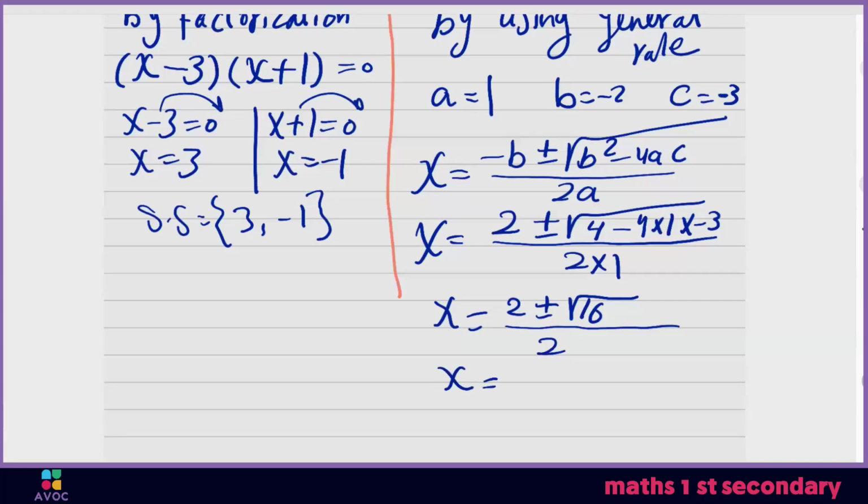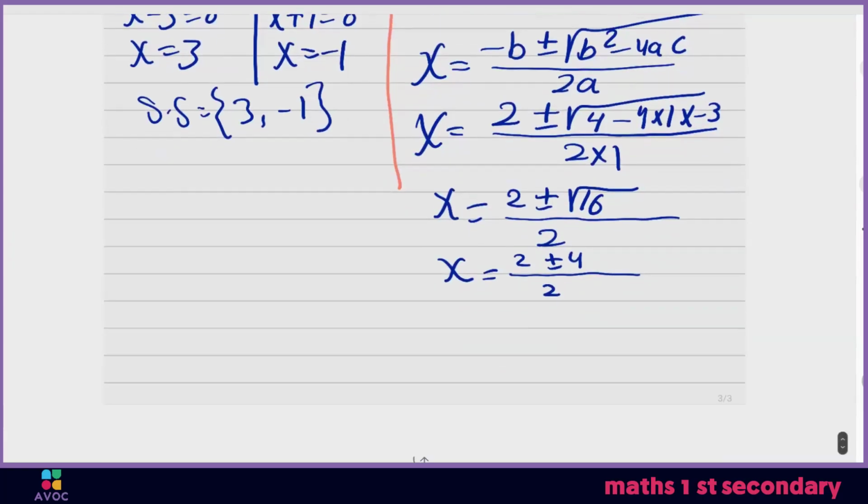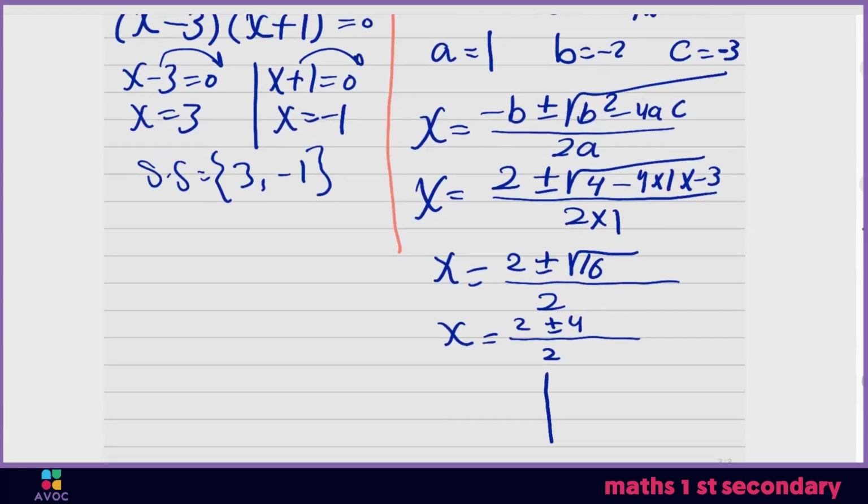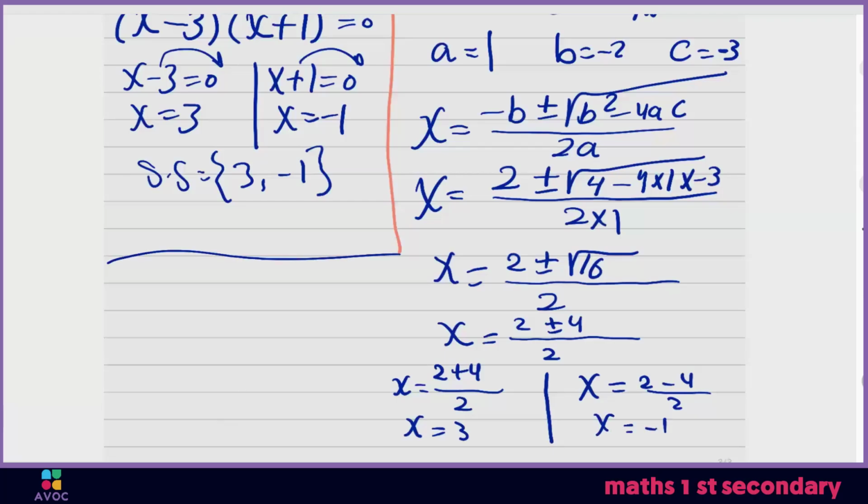So x equals 2 plus or minus 4 over 2. So I have now two solutions. We use once plus and once minus. Here x equals 2 plus 4 over 2 and here 2 minus 4 over 2. So x here equals 3 and x here equals negative 1. So I can say the solution set equals 3 and negative 1 also in this way. Understand?